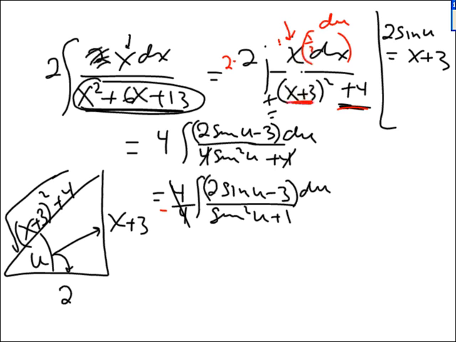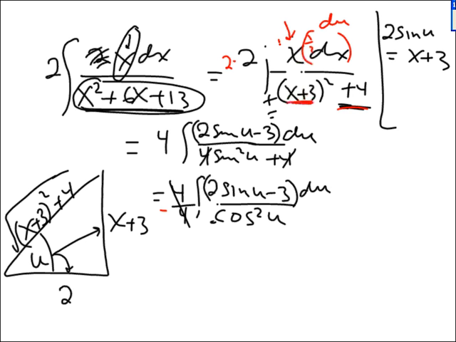To save a little space, you have to remember that sine squared u plus 1 is cosine squared u. This is cosine squared u. This little x on the top is causing us an awful lot of problems. I guess there are other ways of doing this.